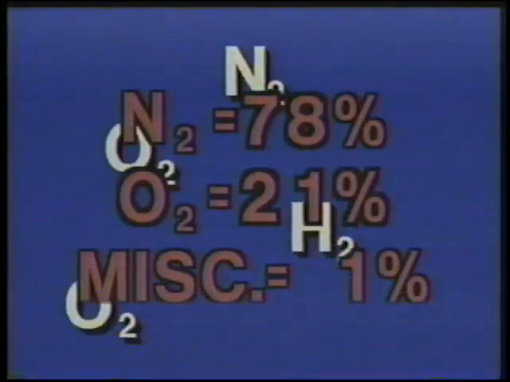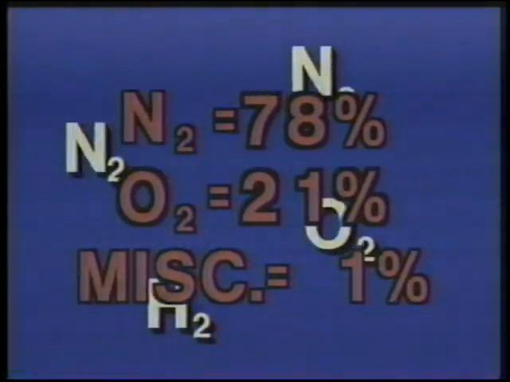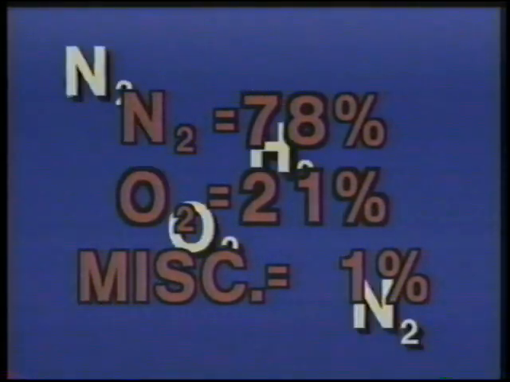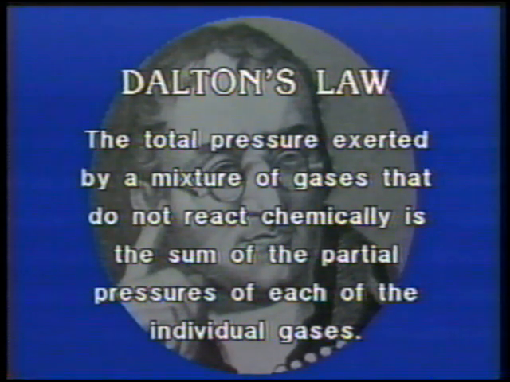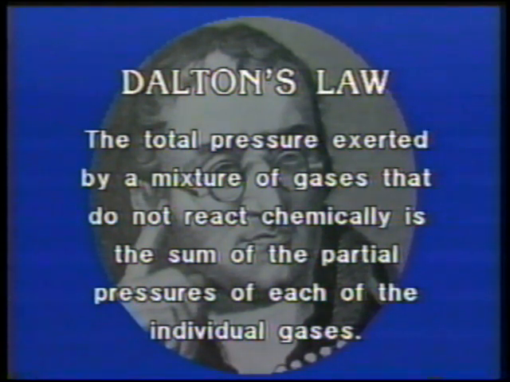The remaining 1% is a combination of miscellaneous gases including argon, krypton, neon, and xenon. In 1801, the English chemist John Dalton discovered that the total pressure exerted by a mixture of gases that do not react chemically is the sum of the partial pressures of each of the individual gases.